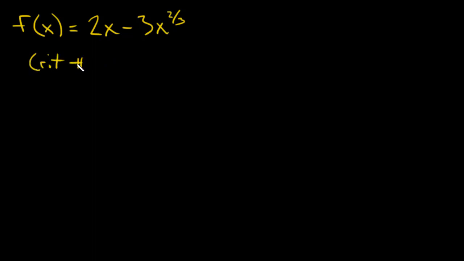Okay, so we had our function, what is our original function? f of x is equal to 2x minus 3x to the 2/3. And we found that the critical numbers were located at x equals 0, which we said was probably a cusp, and x equals 1, which is some sort of slope equals 0.